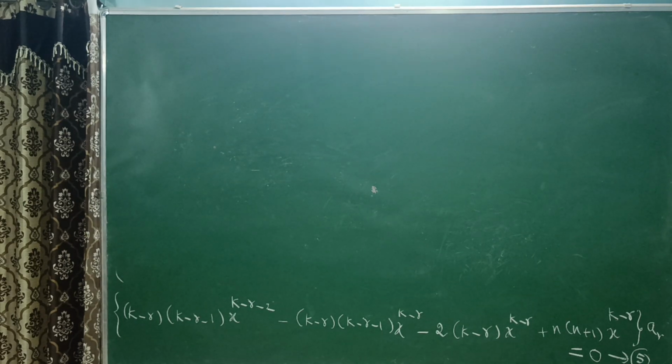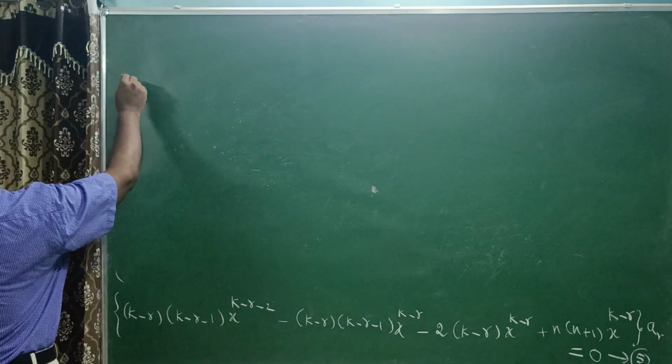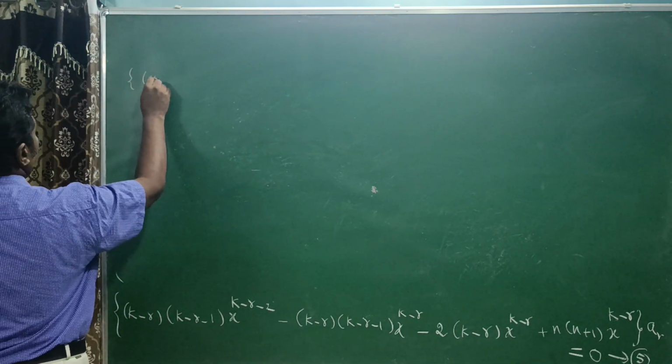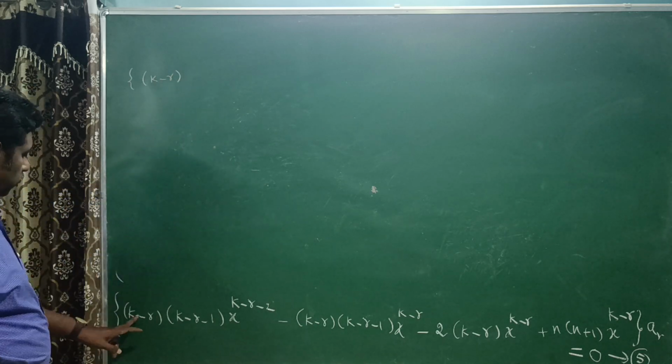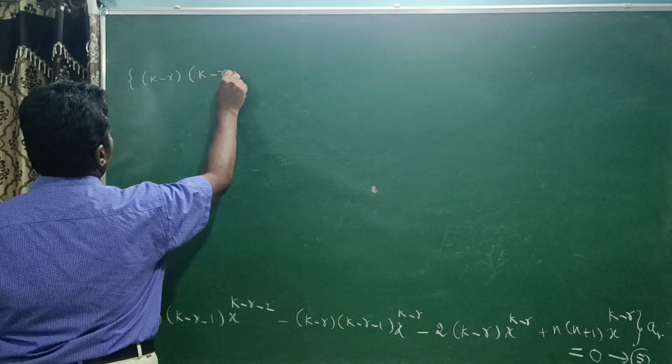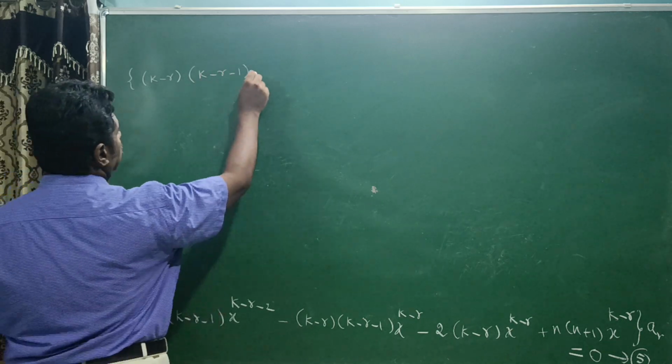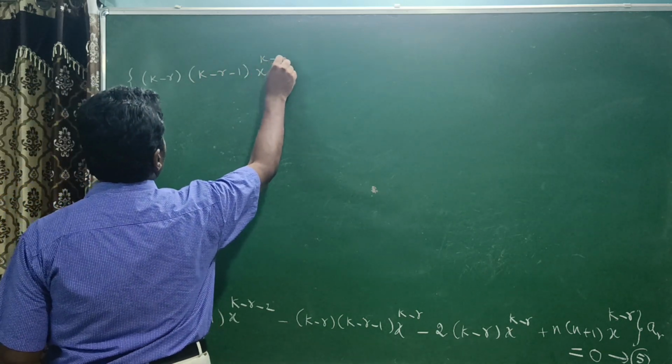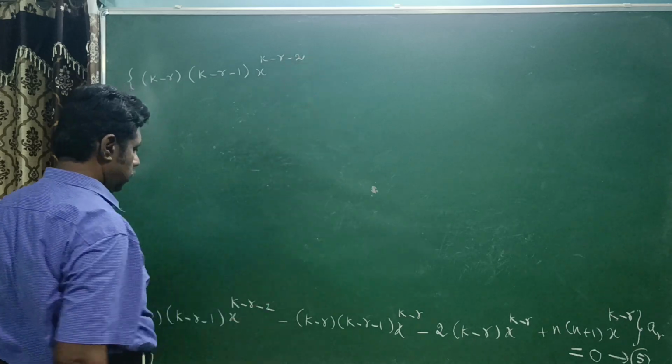Now we have to modify equation 5. Write down this term (k minus r), then (k minus r minus 1) x power k minus r minus 2.